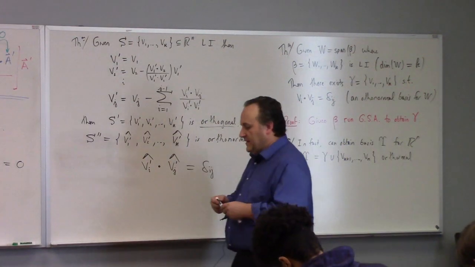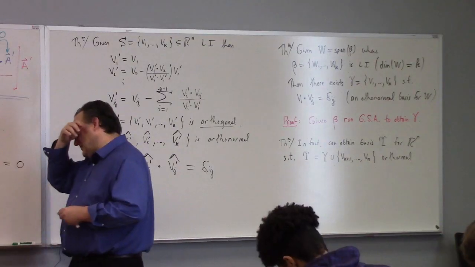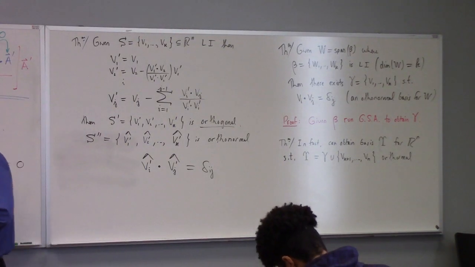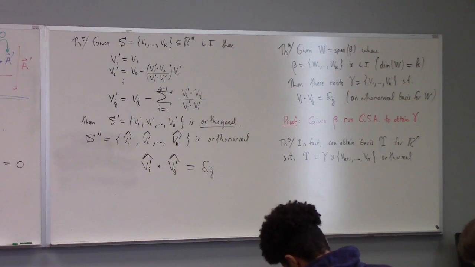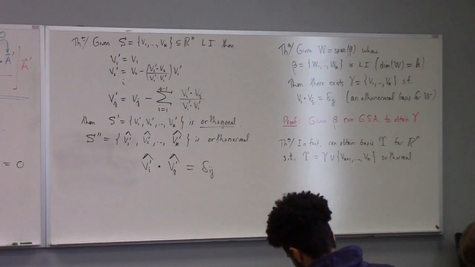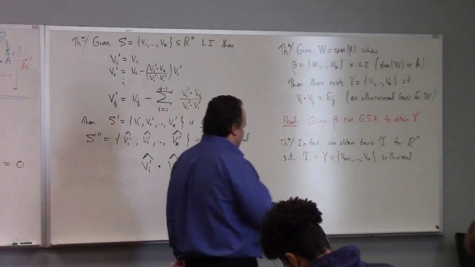In other words, I can keep adding vectors to the set I have for the basis of W, and I can get a basis for all of Rn, such that they're all pairwise perpendicular and of length 1. And it's with respect to that basis that I built the projection formulas last time.